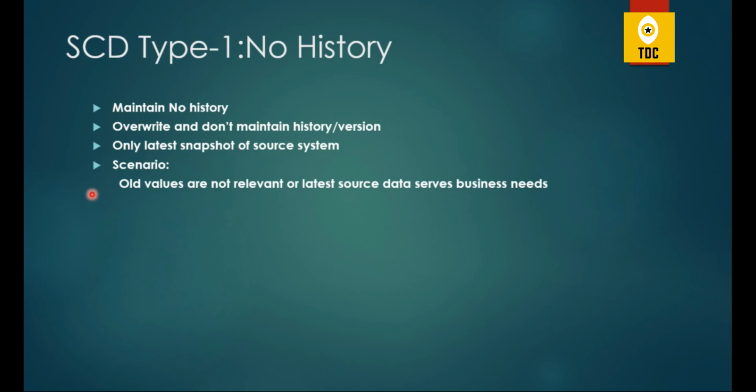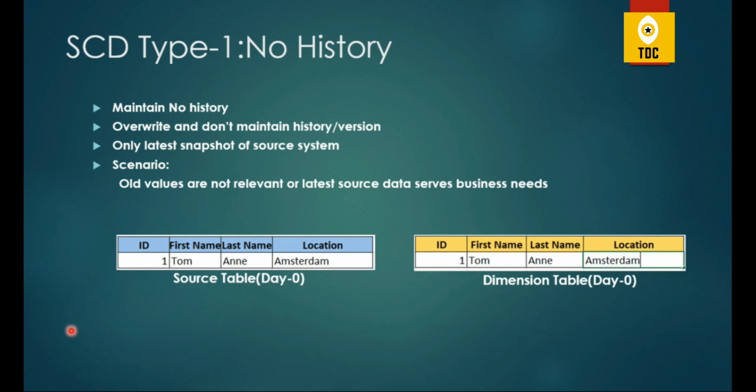Now let us move on to SCD type 1, which we call no history. What that means is whenever the data updates in the source system, you go and update your dimension table, but you are not maintaining any history. Let us take an example so that you will understand it better.